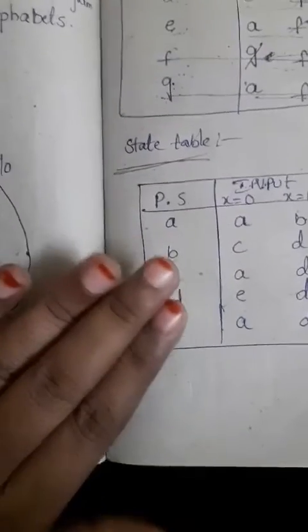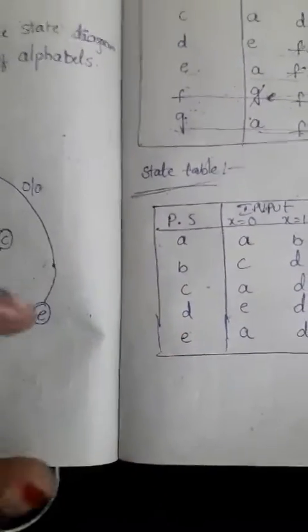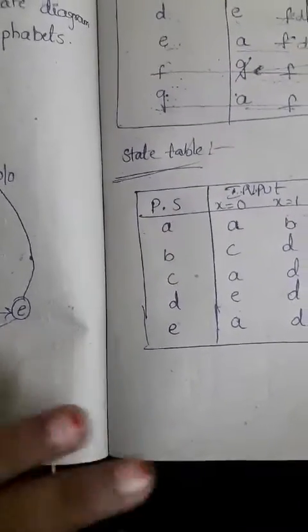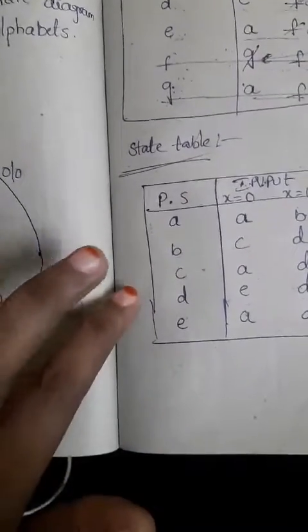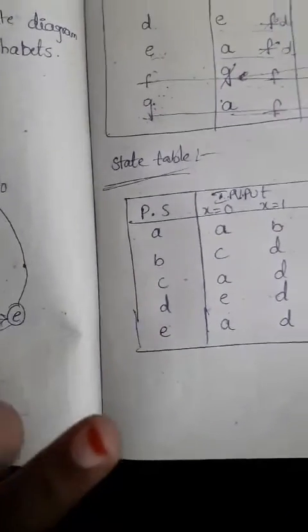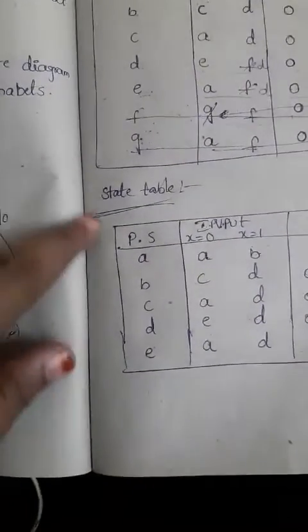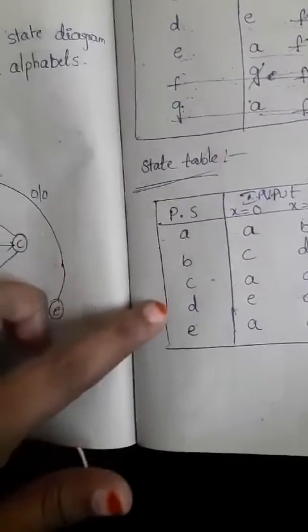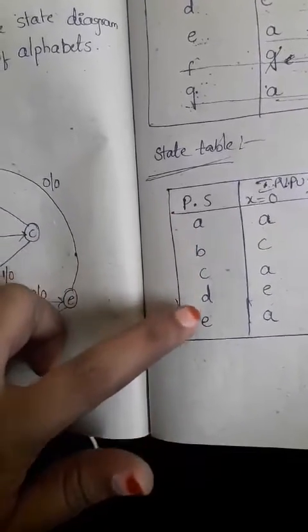There are no conditions on what values we are supposed to assign to each and every state, so we have to assign binary values to each state. But it is always better to go for the minimum number of bits that can be used. So how to take the binary values? First of all, count how many states we are having. So 1, 2, 3, 4, 5.